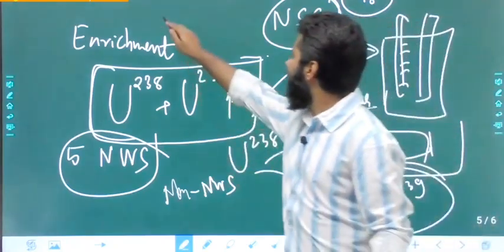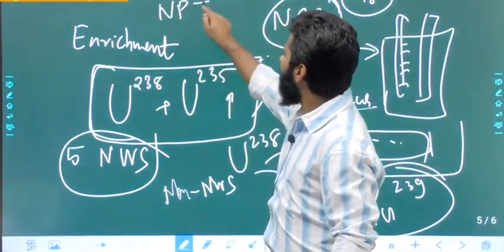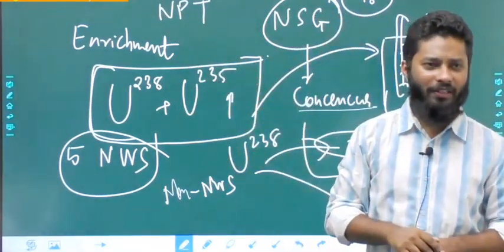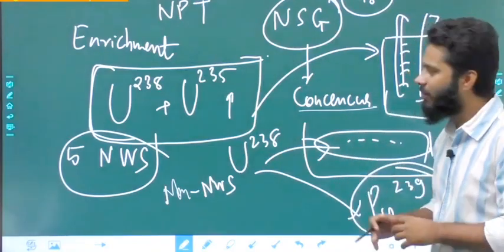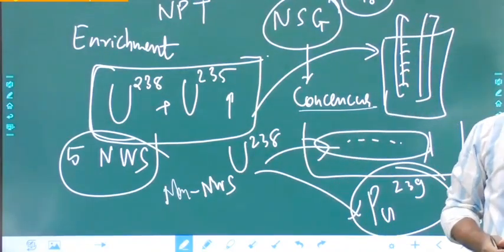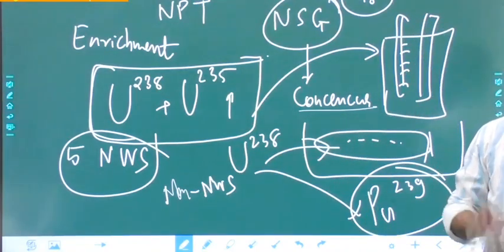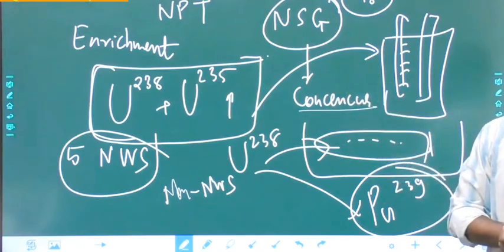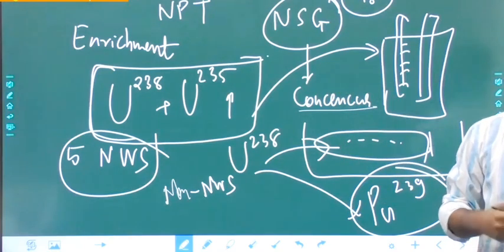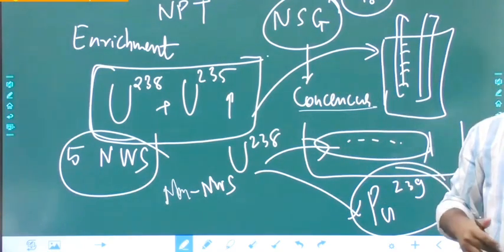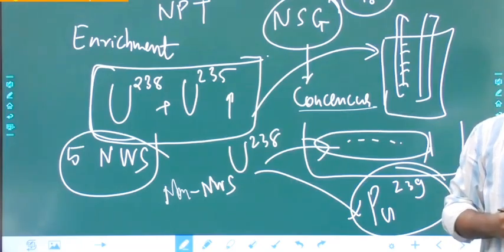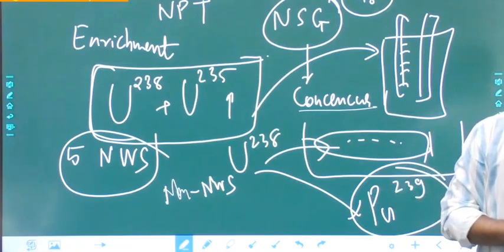We will study one more thing: NPT, the Nuclear Non-Proliferation Treaty. If you have signed the Nuclear Non-Proliferation Treaty, then you cannot go for a nuclear arsenal. You cannot go for weaponization programs. You cannot go for nuclear weapon programs in your country.